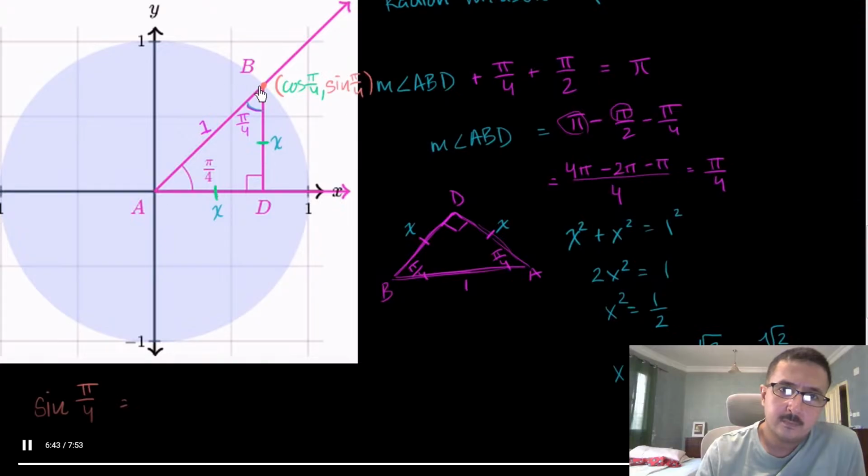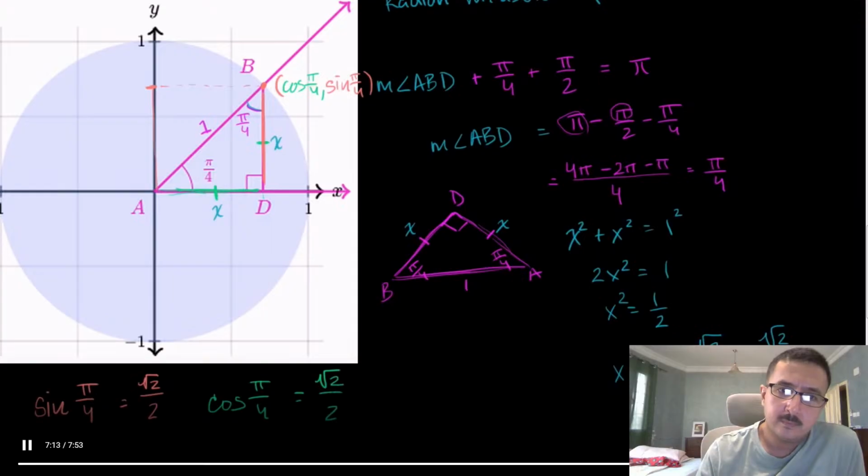So what's the y-coordinate going to be if we want the sine of pi over 4? Well, it's going to be this length right over here, which is the same thing as this length, which is the length of x, which is square root of 2 over 2. Now what is the cosine of pi over 4? The x-coordinate is this distance right over here, which is once again going to be x, which is square root of 2 over 2.